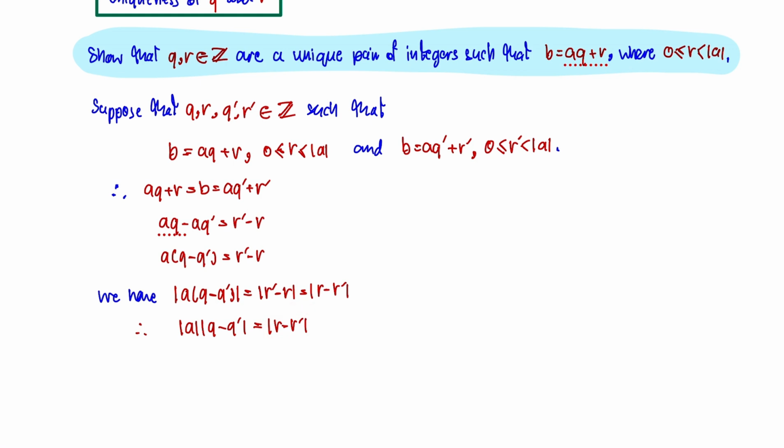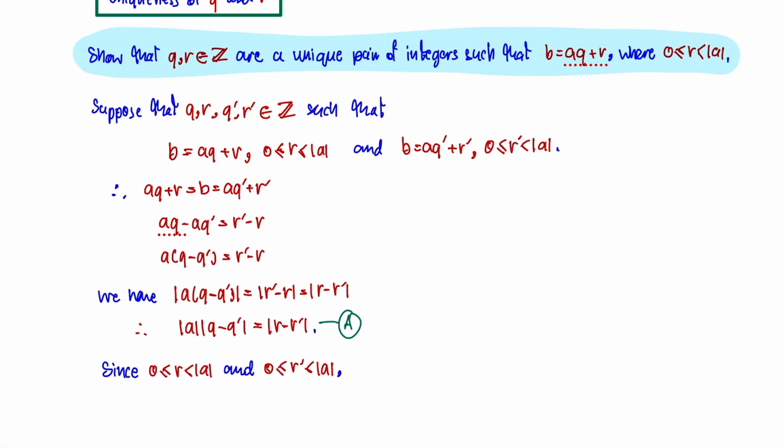I want to show that this remainder is greater than or equal to 0 and less than absolute value of A. So let's keep it like this and we call it equation A. And since this inequality, R is greater than or equal to 0, less than absolute value of A, and R prime is greater than or equal to 0, less than absolute value of A.